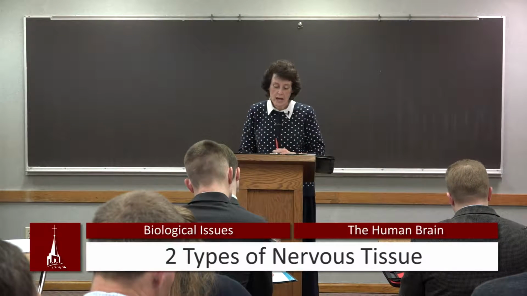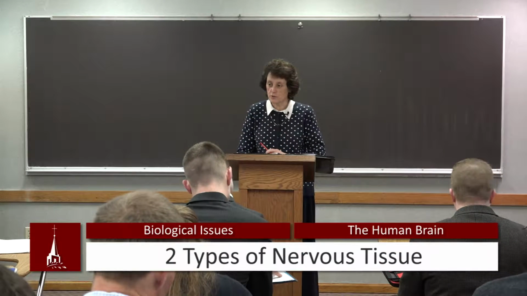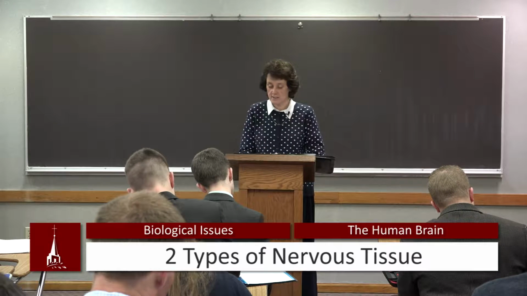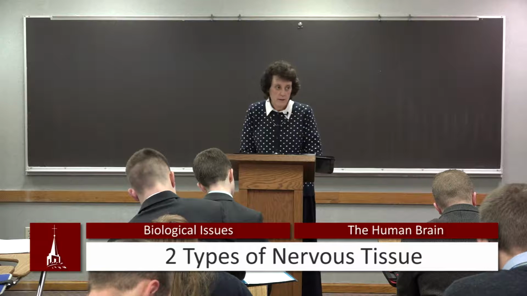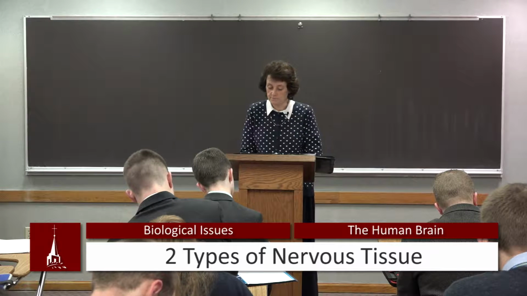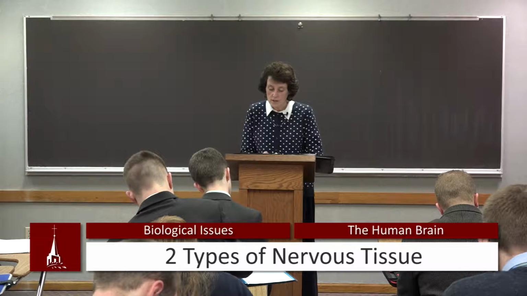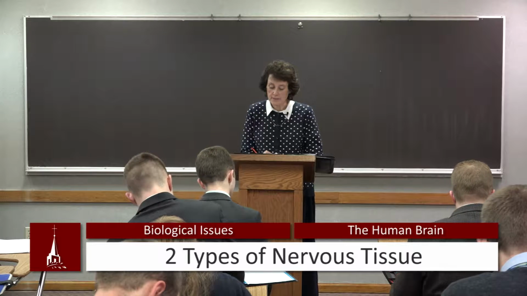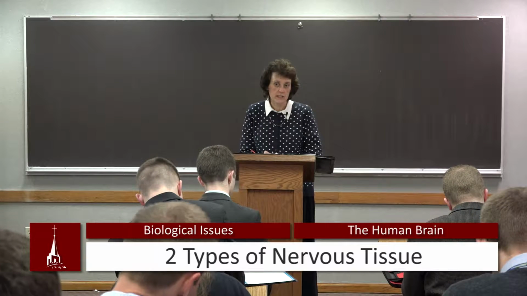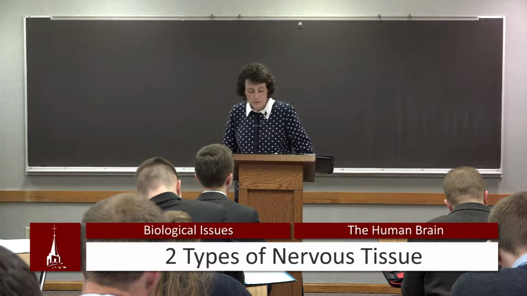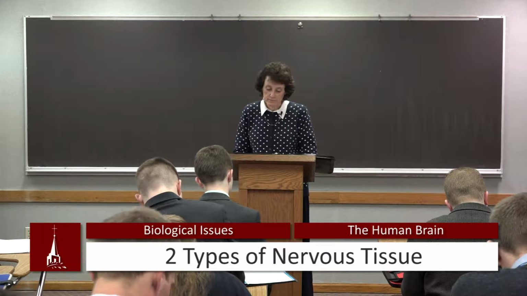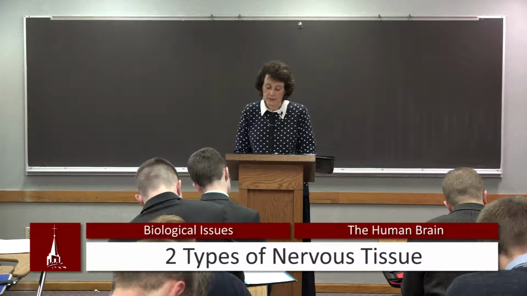Then I want to talk about two types of nervous tissue in your nervous system, in your brain and spinal cord in particular. Nervous tissue. There are two types of tissue found in your brain and your spinal cord, and the first is gray matter.